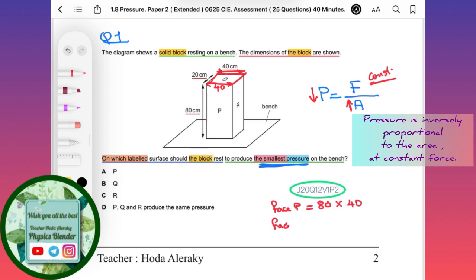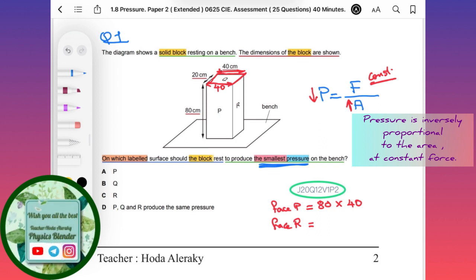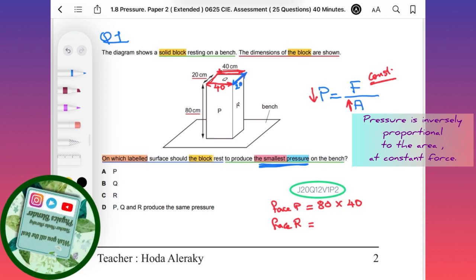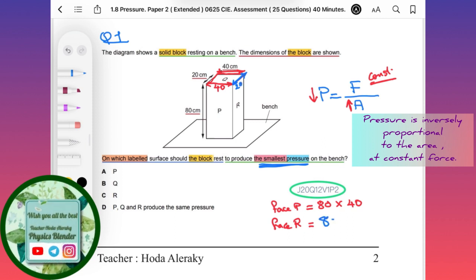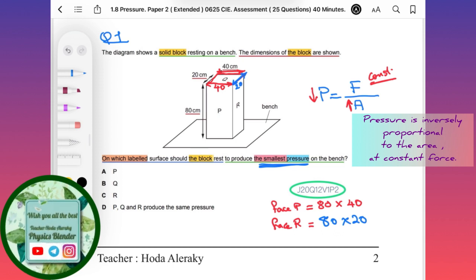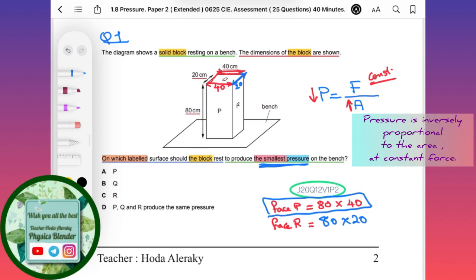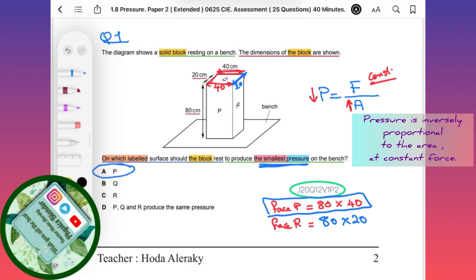Face R, it's 80 times 20. So this dimension is 20, so it's 80 times 20. Without any calculations, it's clear that face P is the largest area of contact. So the correct answer is A.